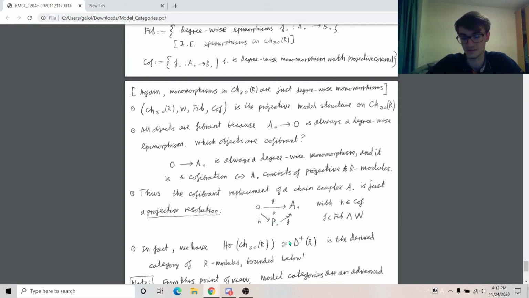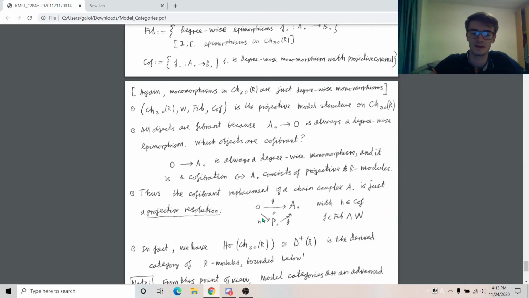It turns out that cofibrant replacements in this model category are just projective resolutions of chain complexes because P is made up of projective modules and F is a quasi-isomorphism, which is degree-wise epimorphic onto A. And in fact, you can prove, this is a very nice fact, that the homotopy category of the chain complexes bounded below is the bounded below derived category of R modules.